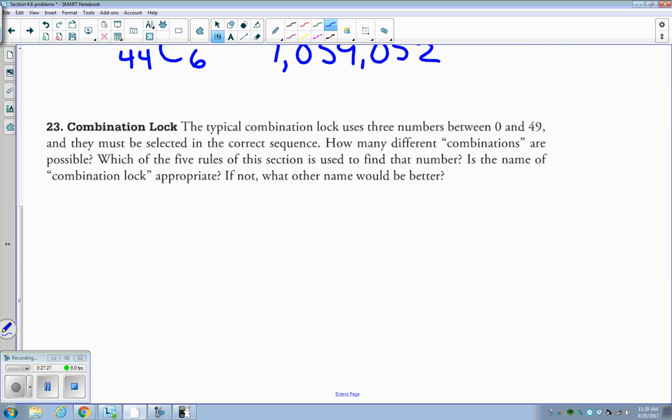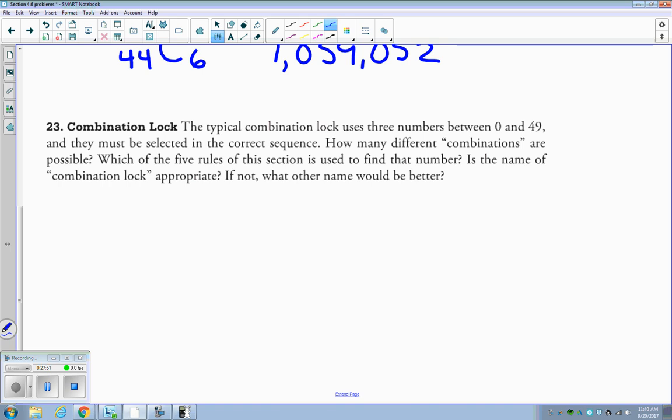So this problem I always like to talk about a little bit. Combination lock. And that uses 3 numbers between 0 and 49. And the numbers have to be selected in the correct sequence, right?